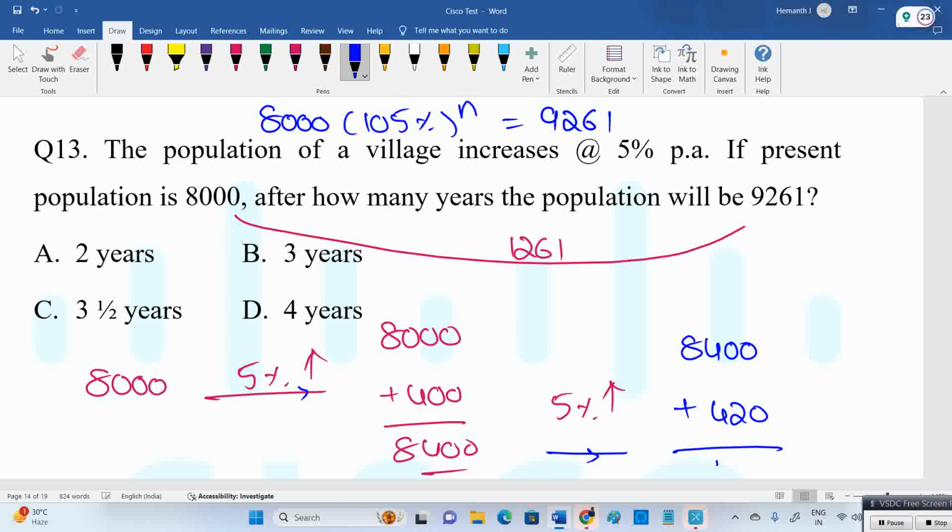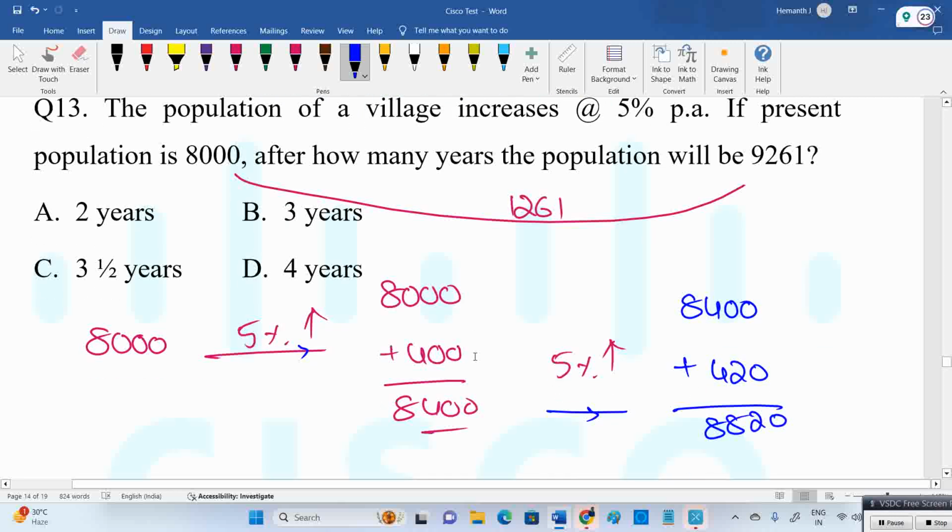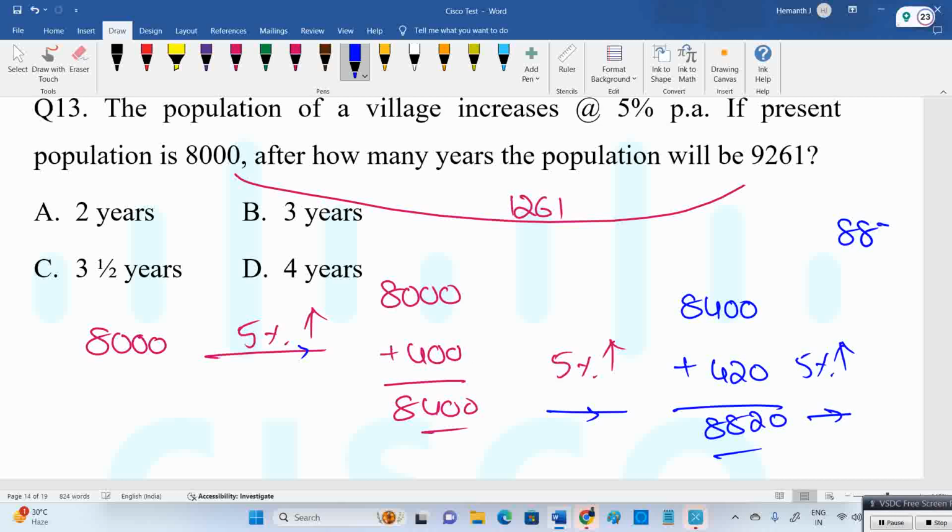It becomes 8,820. How many years completed so far? 2 years completed. Next year, again 5%, 8,820, 10% is 882, 5% means 441, which is 9,261. So in 3 years it happened. Option B, in 3 years we reach 9,261.